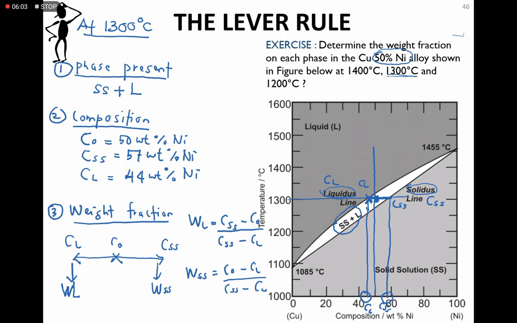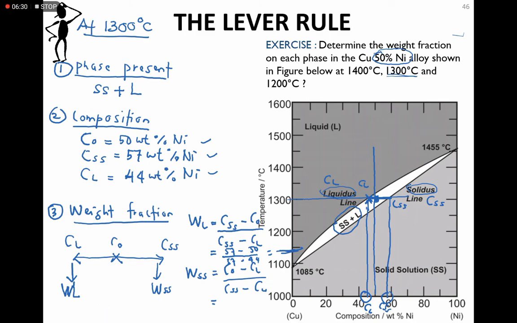Now put in your values. WL equals CSS 57 minus 50 over 57 minus 44. You can get the answer.